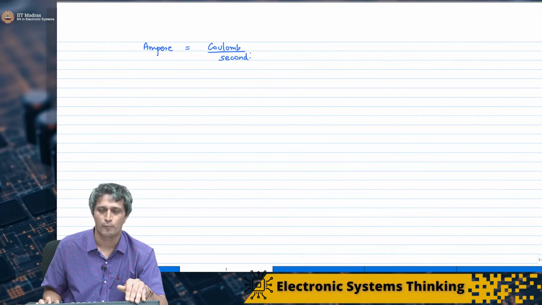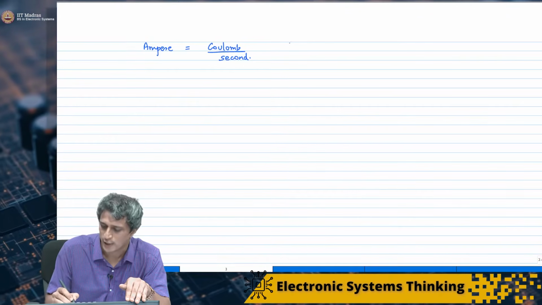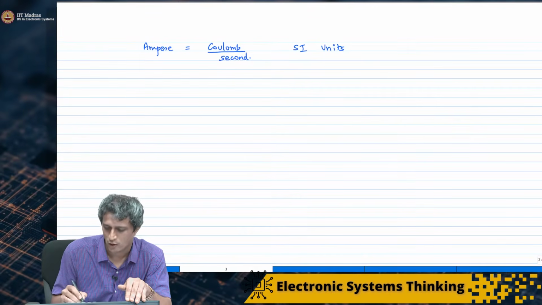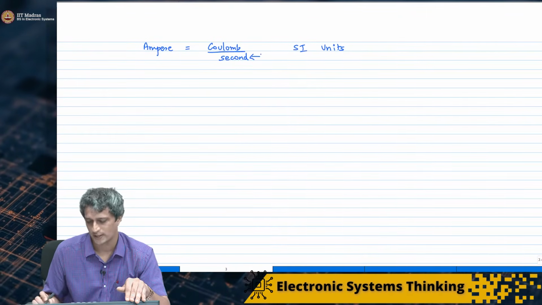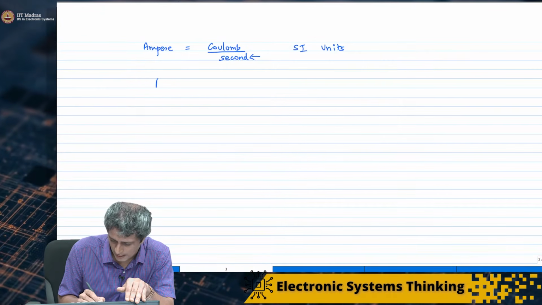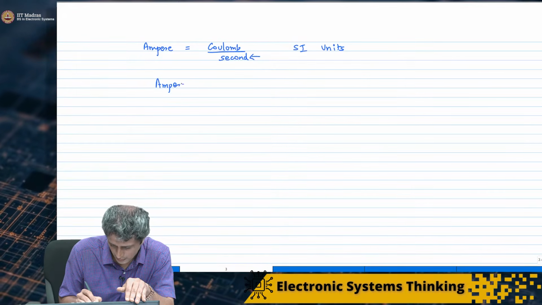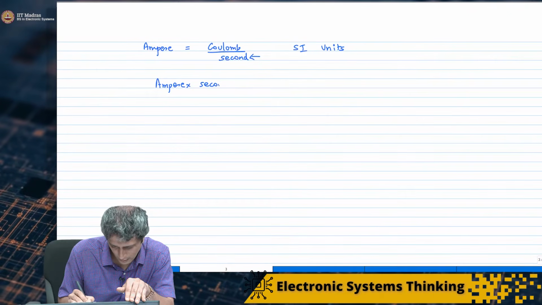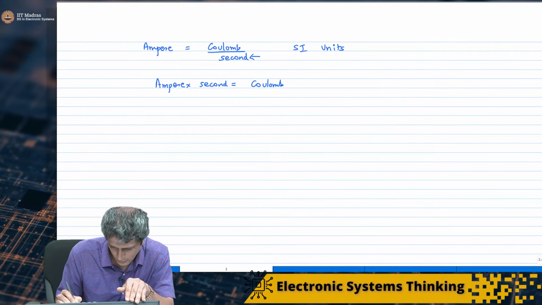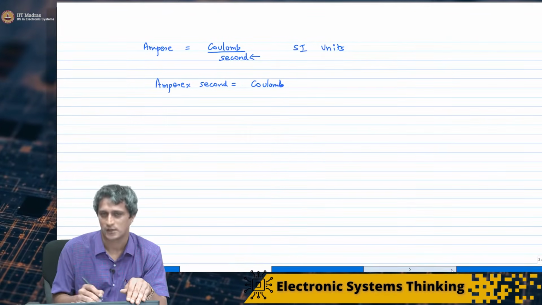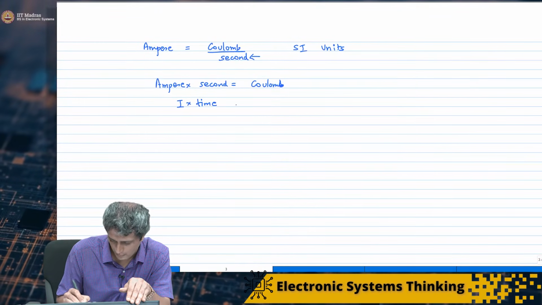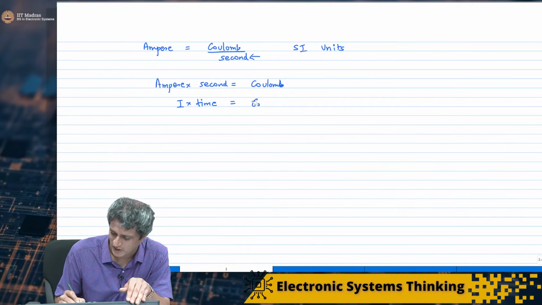Okay, so this is very important. We have to deal with all of this in the SI units. So I cannot be using hours here, for example, right? So therefore, if you look at this, ampere into second is nothing but coulombs, right? It gives you charge. So I into time will give you some estimate of charge.